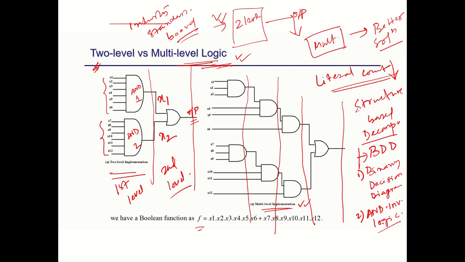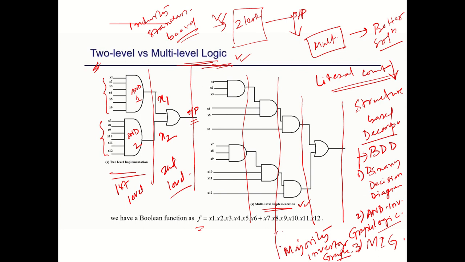As it is AND inverter, don't think that this is a two level synthesis. This is a multi-level circuit realization. This forms a tree based structure with the help of the AND inverter. And the third one, we have the majority inverter graph. So these are the different techniques.